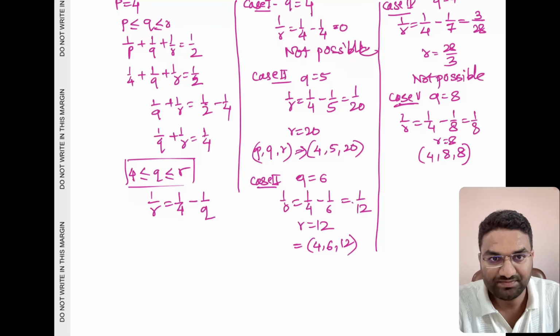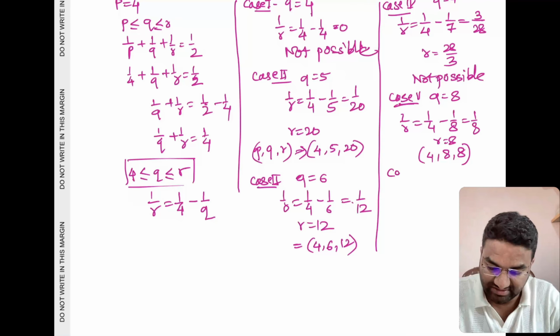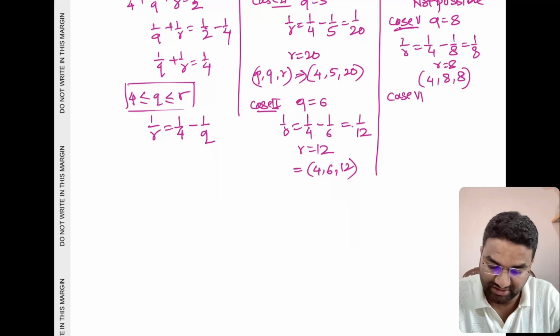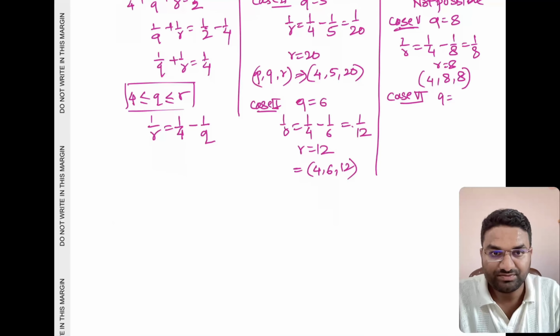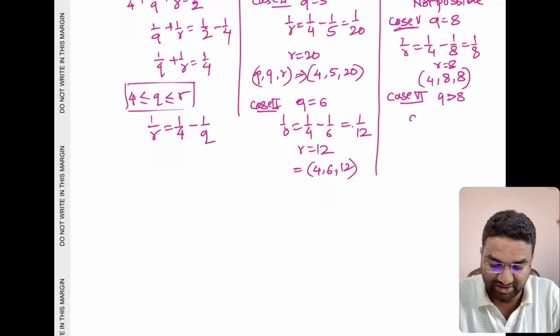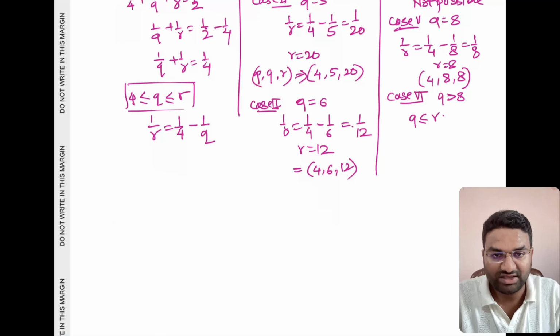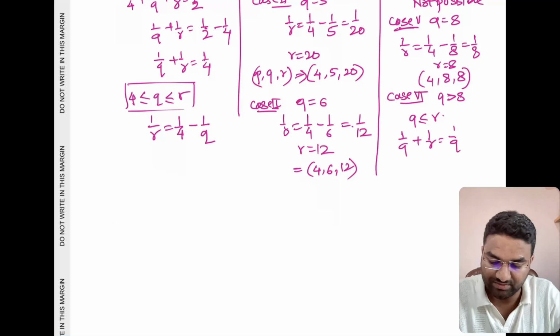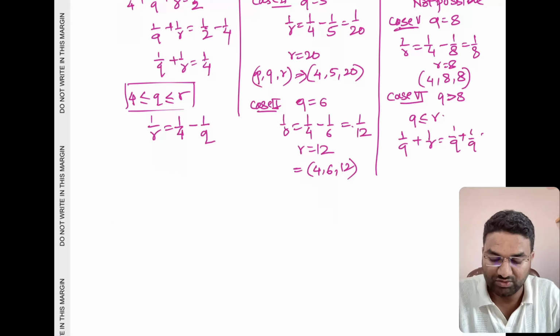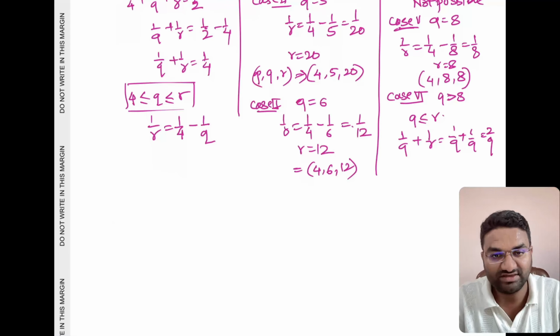Now case 6 next. Here Q is greater than 8. Greater than 8 and Q less than or equal to R, isn't it? So 1 upon Q plus 1 upon R is at most 1 upon Q plus 1 upon Q, which is 2 by Q, and we need it to equal 1 by 4.